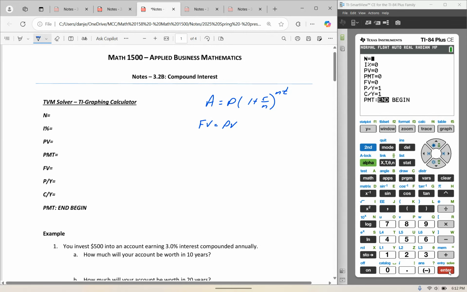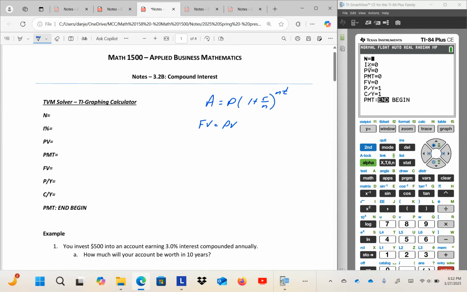You'll notice that the calculator uses the PV as well as the FV, and then we have 1 plus R over N to the NT. Now the values that are here for the TVM solver match similarly, but not exactly. So I'm going to go through these not in order.